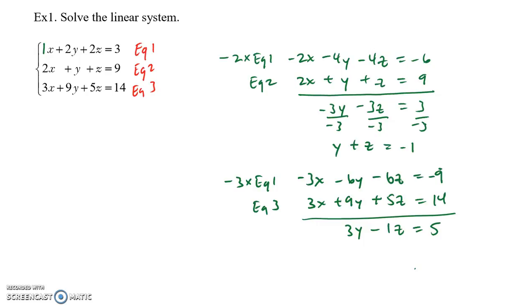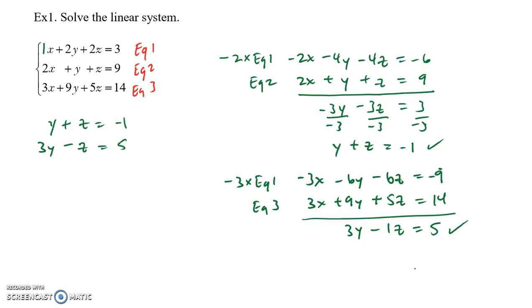So having eliminated the x terms from two different pairs of equations, I can now pair the resulting equations, this one and this one, together as a system of two equations in two unknowns, as we studied in section 8.1. So if I pair those two together now, the first one is y plus z equals negative 1, and the second one is 3y minus z equals 5.